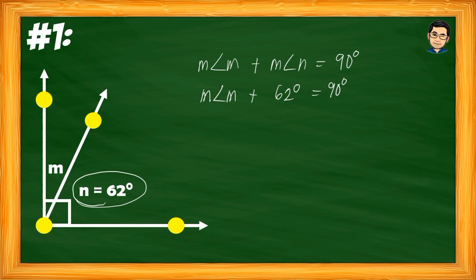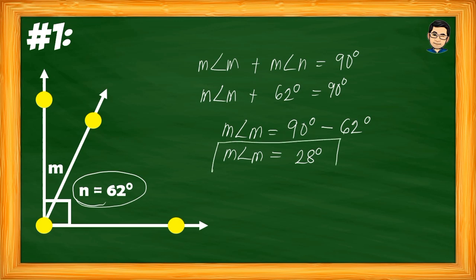Wherein, mag-a-add tayo ng negative 62 to both sides para matanggal po yung 62 degrees na nasa left side. Magiging ganito lang siya. Measure of angle M is equal to 90 degrees minus 62 degrees. So, measure of angle M now is 28 degrees. 90 minus 62 degrees is 28 degrees.